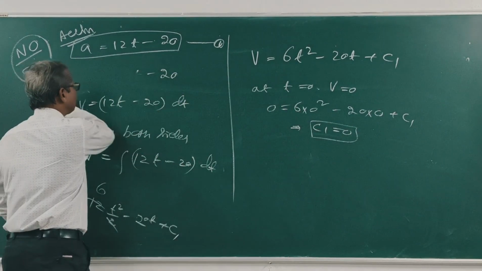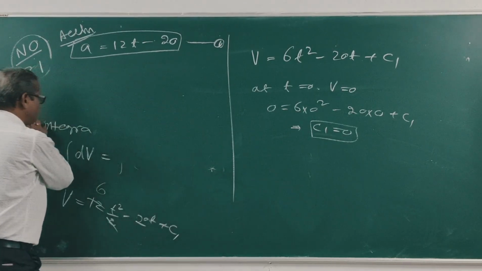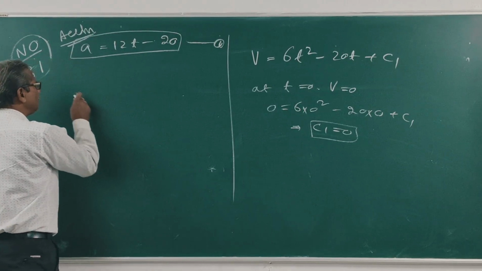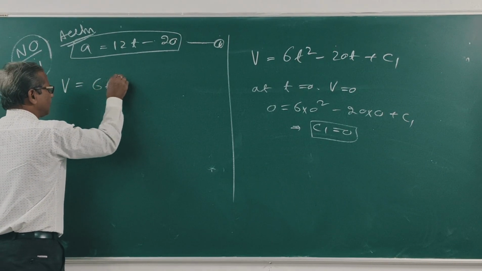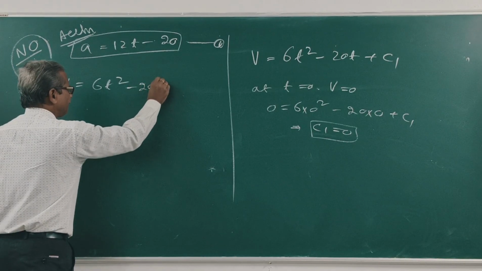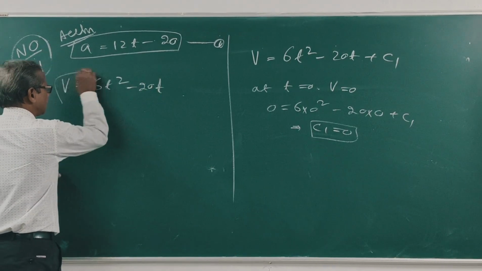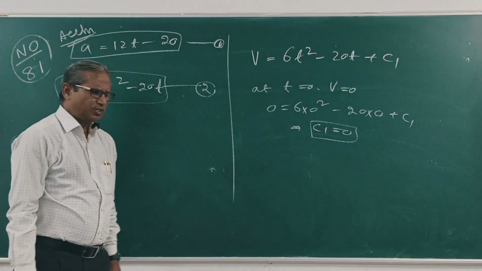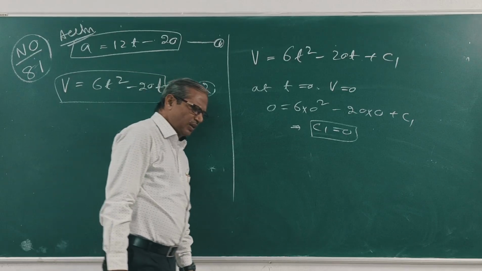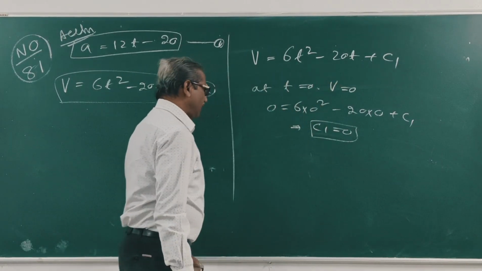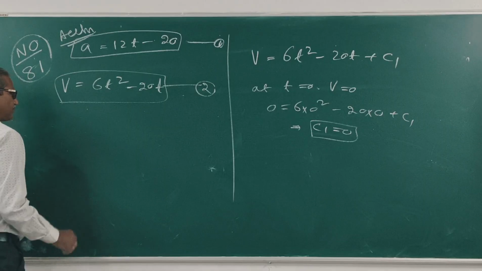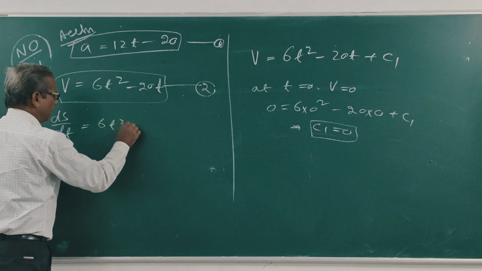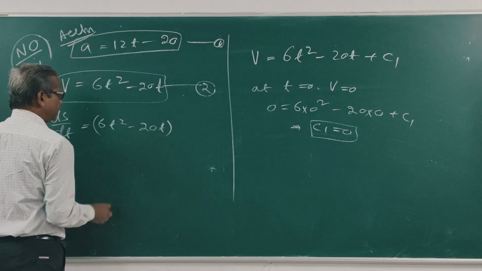So from this equation, now v is equal to 6t square minus 20t plus 0. This is equation number 2, the equation of velocity. Clear? Next, again integrating this equation. So this is ds by dt is equal to 6t square minus 20t.